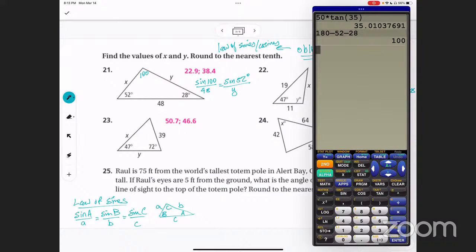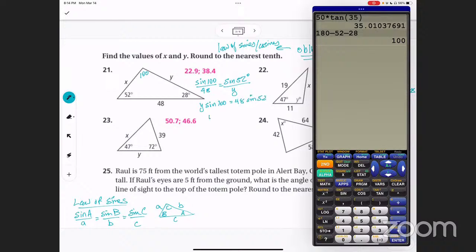I don't know how good you are at algebra, but how do you solve a proportion like this? You multiply the sides. You cross multiply. Remember that? So it's sine of 100 times y equals 48 times the sine of 52, right?